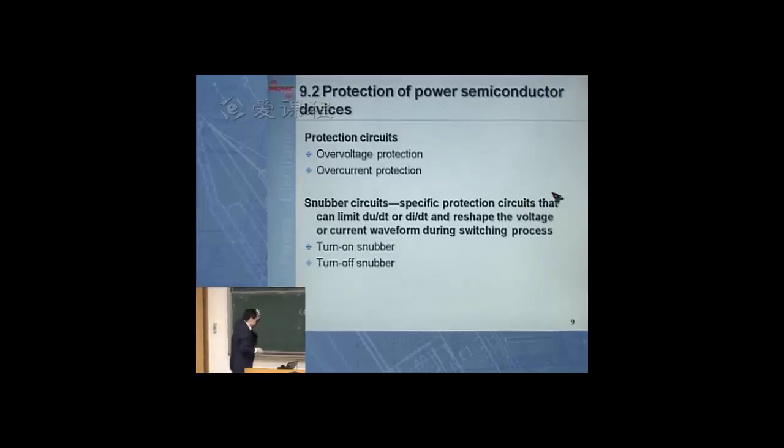Protection. We have mentioned that because power semiconductor devices are really very expensive, we need extra protection for these devices. Usually you should have over voltage protection and over current protection.